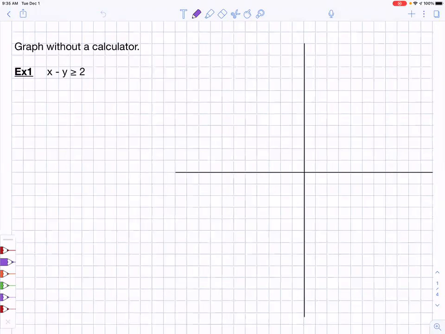So what do all x-intercepts have in common? A 0 on the y value. And what do all y-intercepts have in common? A 0 for the x value. Well, that's exactly how we go find our x and y-intercepts.